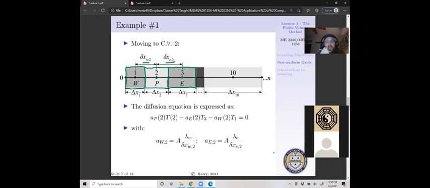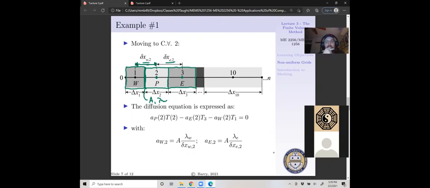So A west 2 would be the coefficient between our west and P cell centers. And this is going to be equal to the area of our interface times our diffusivity, which is lambda west, per delta x west 2. And delta x west 2 is a value between our western and our centered control volumes.